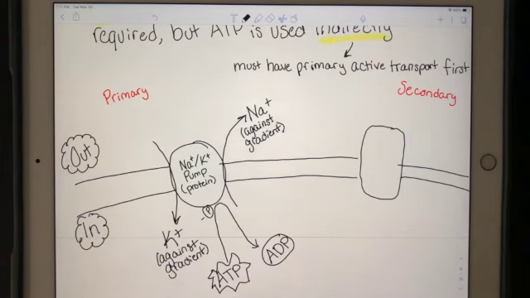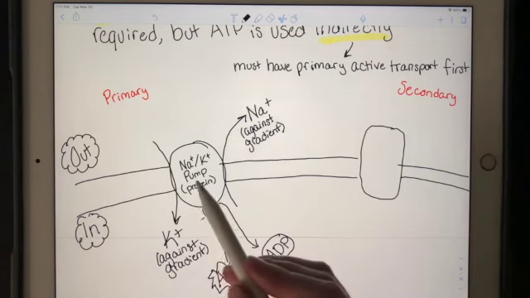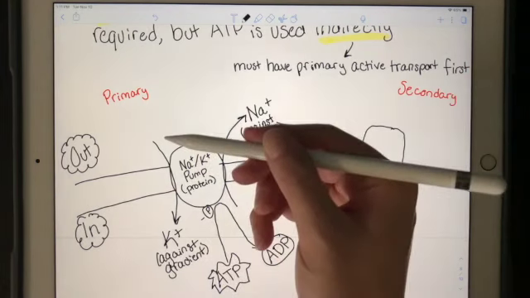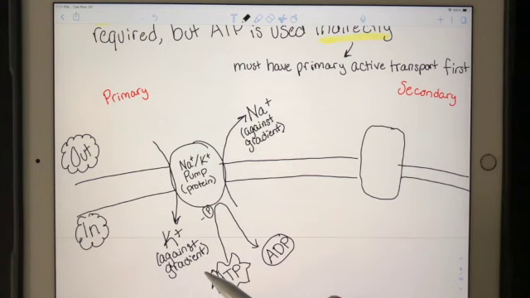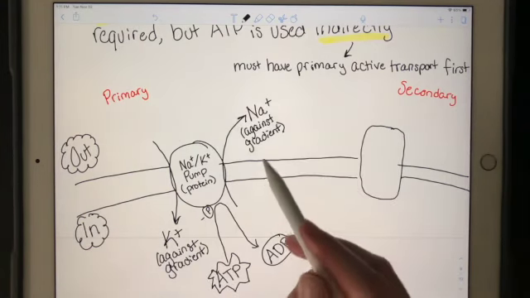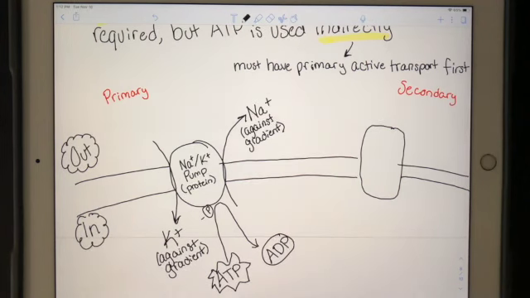As you can see, over here we have primary active transport because ATP is used directly. This ATP is necessary because it loses its phosphate and releases a great deal of energy, and that happens to be enough energy to pull in potassium against the concentration gradient and push out sodium against its concentration gradient.